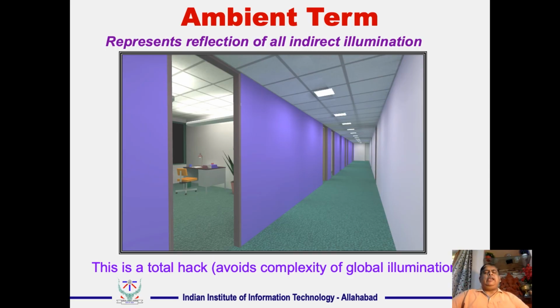So, here you see a graphically generated image. The region you see which is uniformly colored is basically the Ia term, the ambient term which is present. Of course, I have regions like this square, which is highly illuminated because it is a light source.